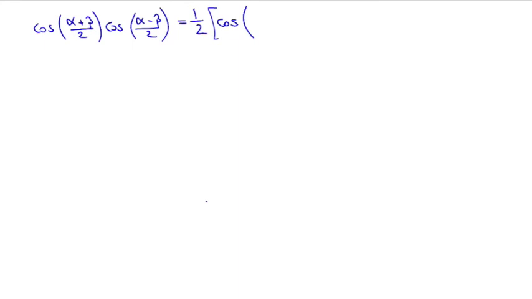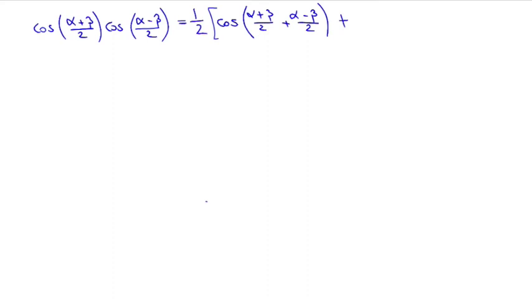But what I'm saying is, instead of alpha and beta, we're putting alpha plus beta over 2 and alpha minus beta over 2 as our angles. So when I bring it over into the sum part of it, this first angle becomes the sum of those 2. So it becomes alpha plus beta over 2 plus alpha minus beta over 2.